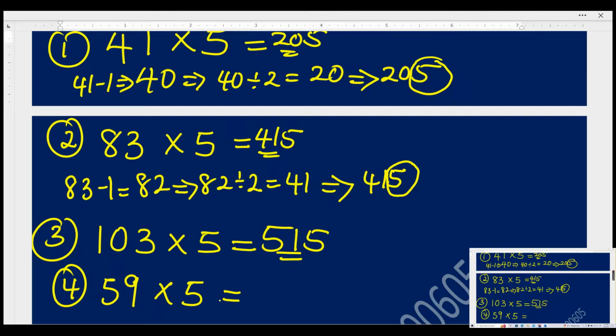Divide 58 by 2, that will give us 29. Write 5 beside 29, and that will give us 295. So 59 times 5 is equal to 295. If you did it in your head, type it in the comment section.